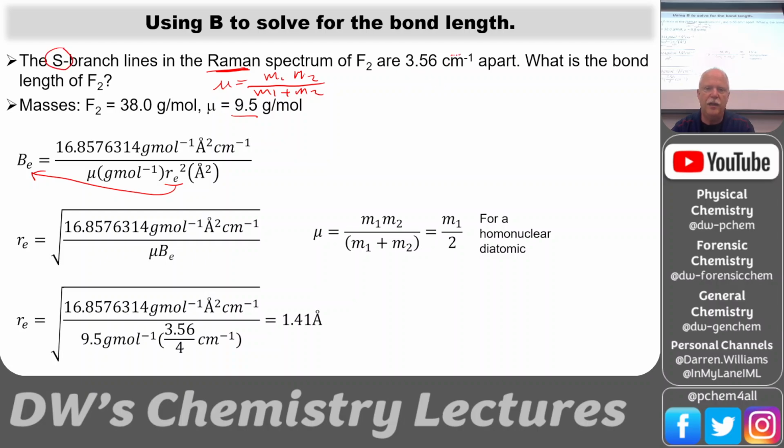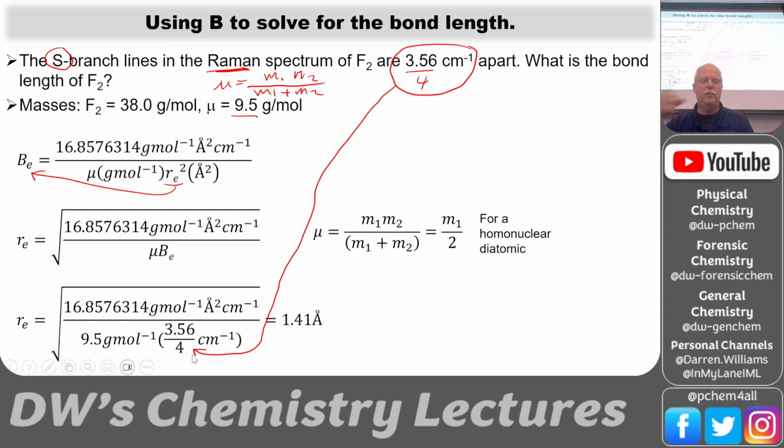And so we've got to take this number and divide by 4 to get B. So there's no units that are going to tell you to do that. You have to know that the Raman spacing is 4B. And that's why I did the whole Hamlet thing and made a big deal out of it. Okay. Put all the numbers in, do your calculation, and you get 1.41 angstroms.